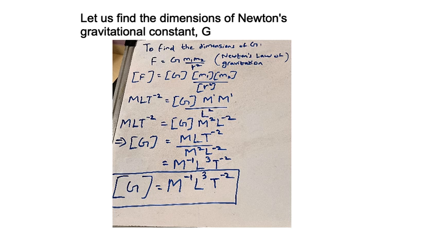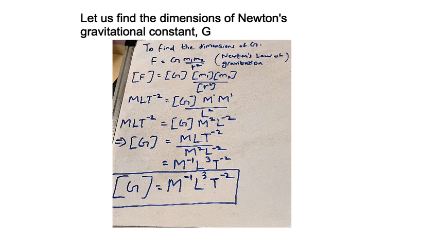So we have M L T to the power minus 2 equals the dimension of G multiplied by M squared and divided by L squared. So we have M L T to the power minus 2 equals the dimension of G multiplied by M raised to the second power and L raised to minus 2.